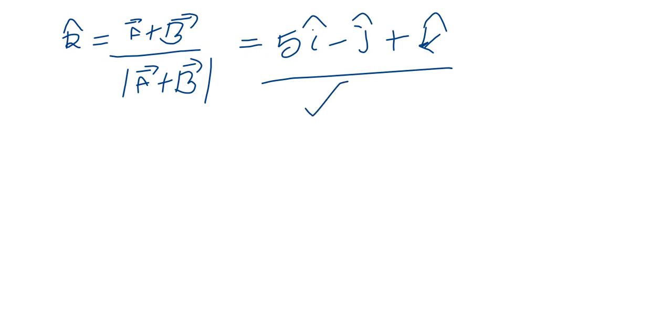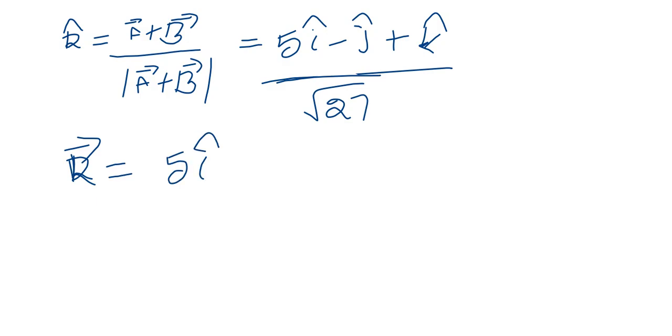So the vector parallel to A bar plus B bar is 5i cap minus j cap plus k cap by root 27.